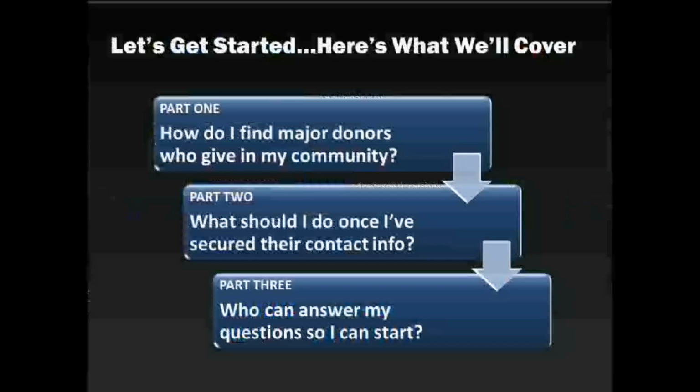As John said, we're going to cover 3 topics. Number 1, how do I find these people in the first place? We're all tasked with how to fundraise and how to fundraise properly. But you'd be so surprised how many conferences you go to where you don't find out how you can start, how you can meet these individuals of influence, affluence and expertise in your community that will care about your mission.